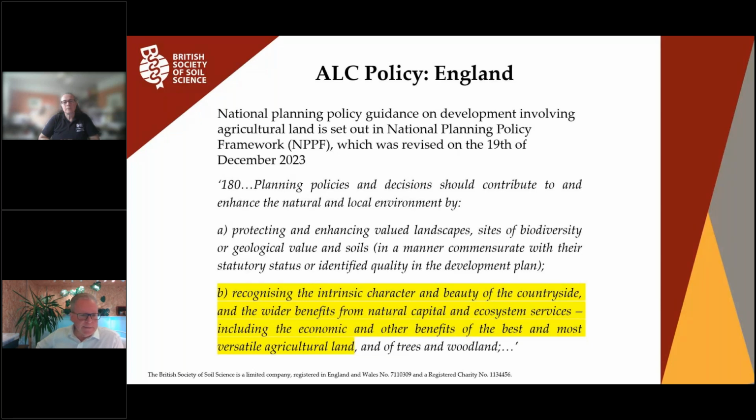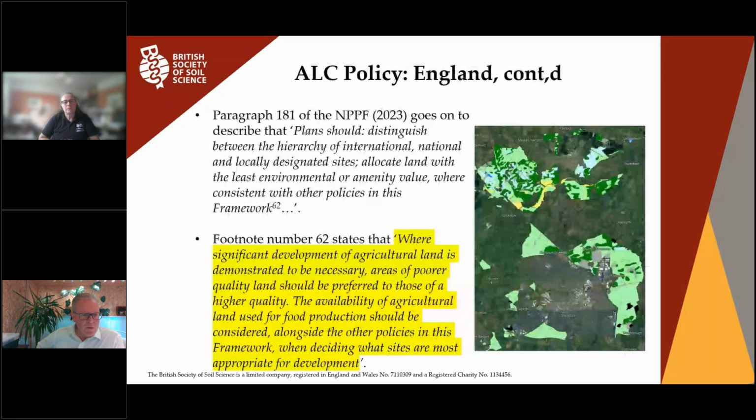Next slide, please. So within paragraph 181, there's a footnote 62. And in December 23, that footnote was expanded a little bit. So originally it used to just request that areas of poorer quality land should be used in preference to higher quality land.